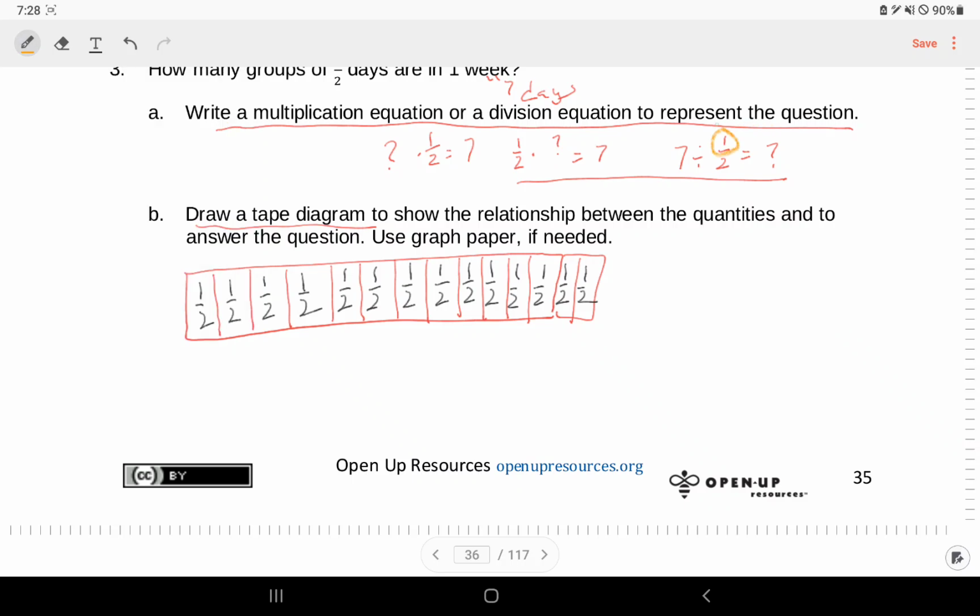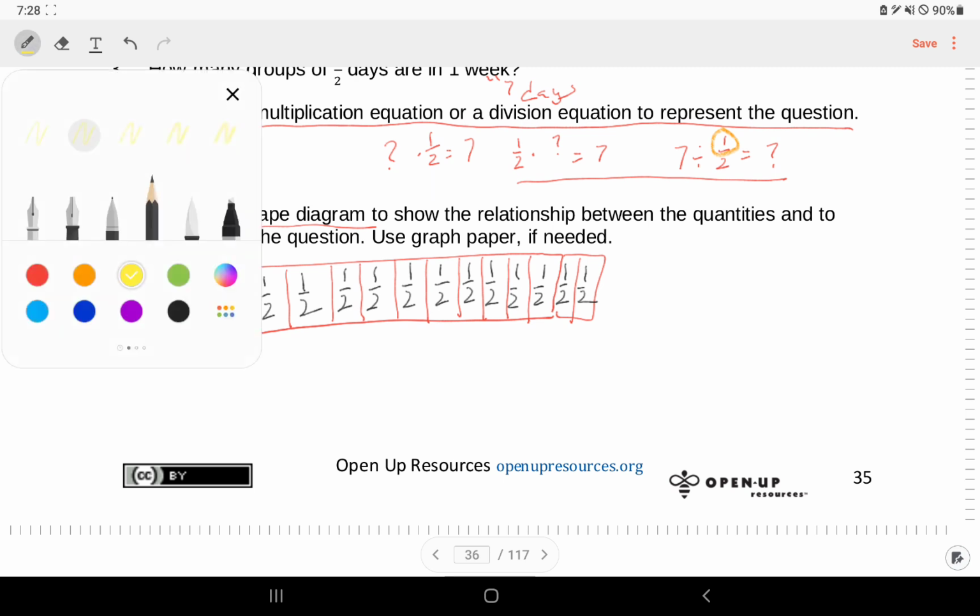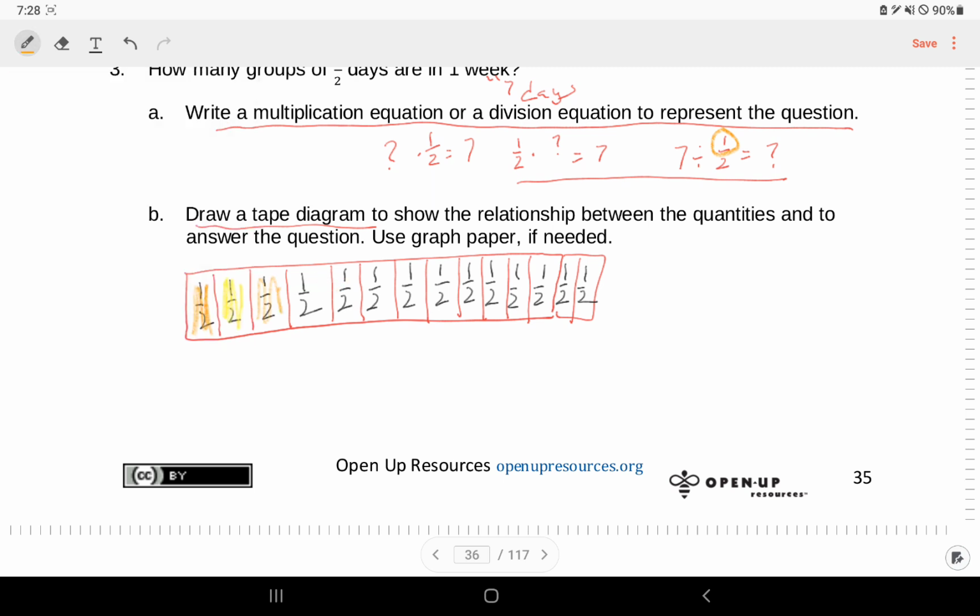We need groups of 1. And so we've got our groups of 1.